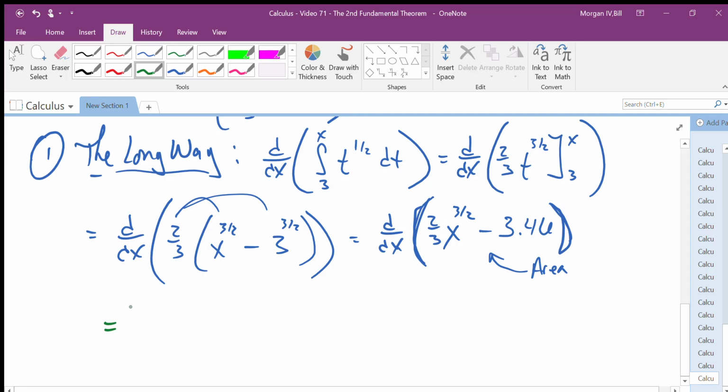Well, that would be 2/3 times, bring the 3/2 down, x to the, subtract 1 from 3/2 is 1/2, and the derivative of 3.46 is 0. And let's see, the 3's cancel and the 2's cancel, and I get x to the 1/2, or square root of x. And this is the rate at which the area changes.